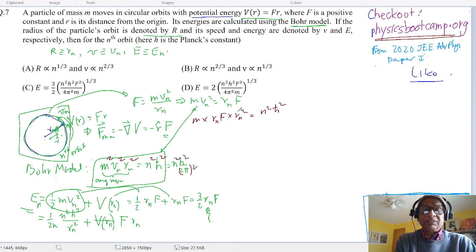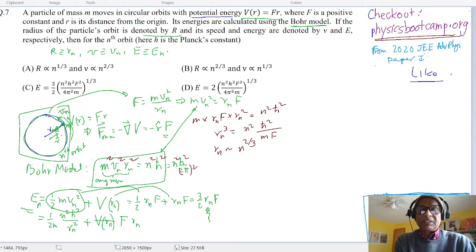This is all constant because I'm in the nth orbit. So Rn cube is n square h bar square over mF. Then Rn goes as n to the power 2/3, because I take a 1/3 power of everything, and these are constant.